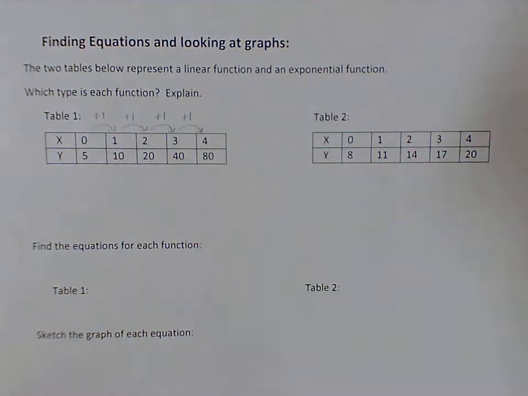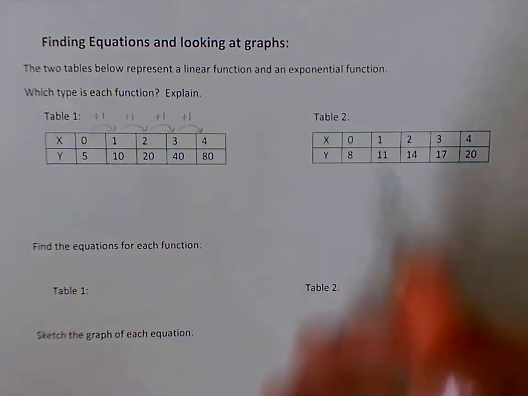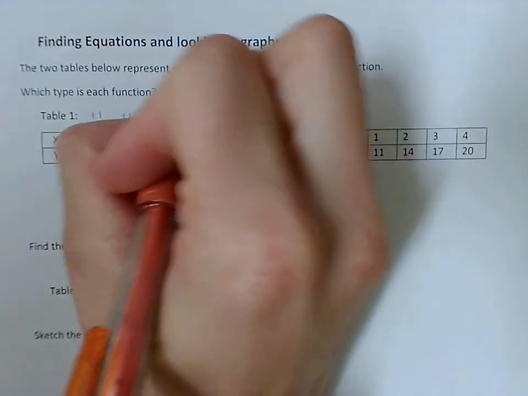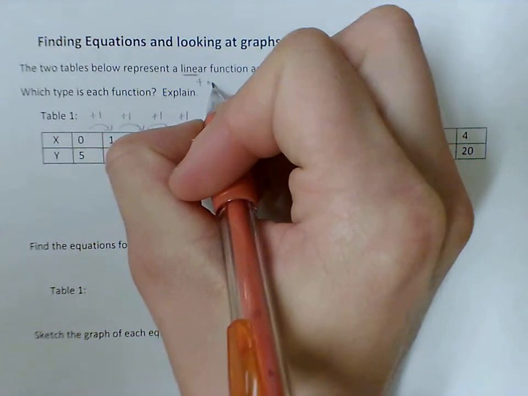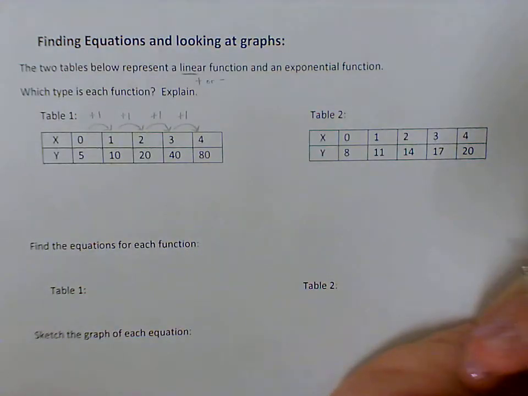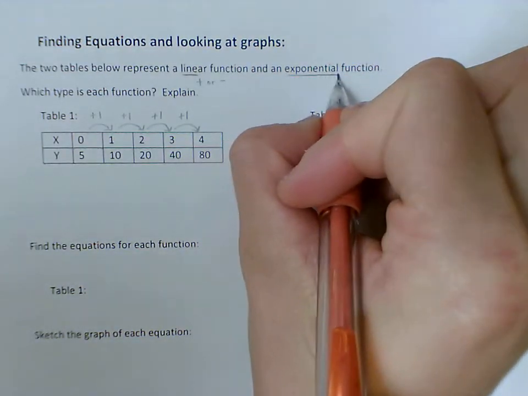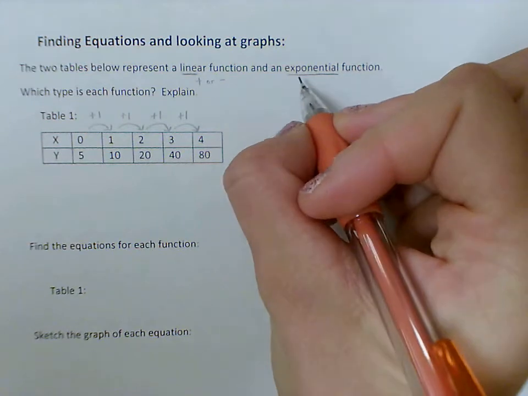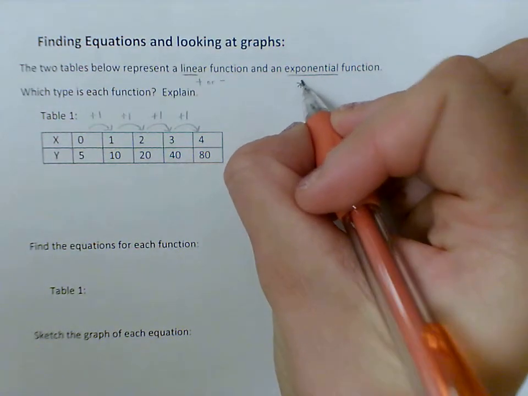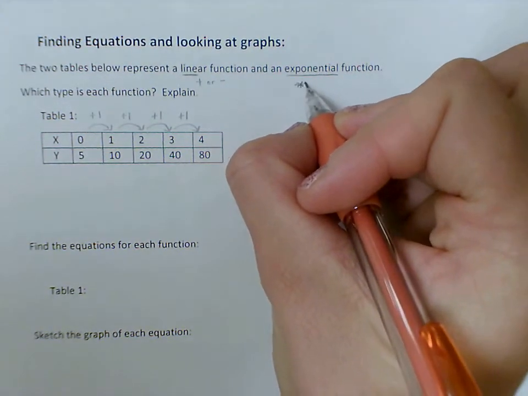But then to be linear, remember, you have to either add or subtract a constant number. And then for exponential functions, and I'm looking at the y values with this, you're going to be multiplying to go from one number to the next.